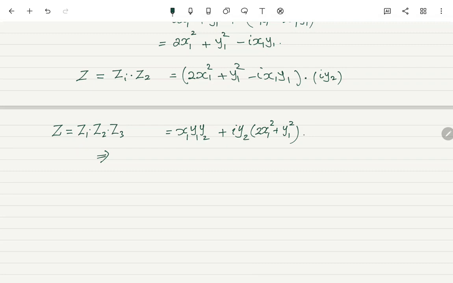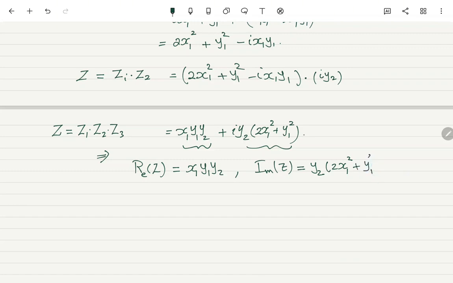From this result, the real part is this one here, and the imaginary part is this one here. So the real part of z equals x1 y1 y2, and the imaginary part of z equals y2 (2x1 squared plus y1 squared).